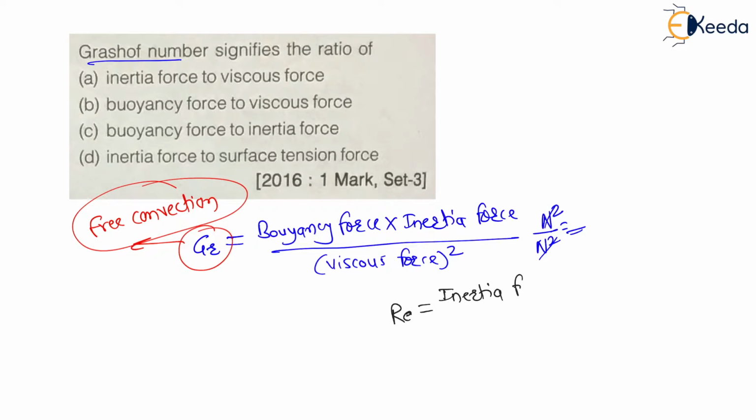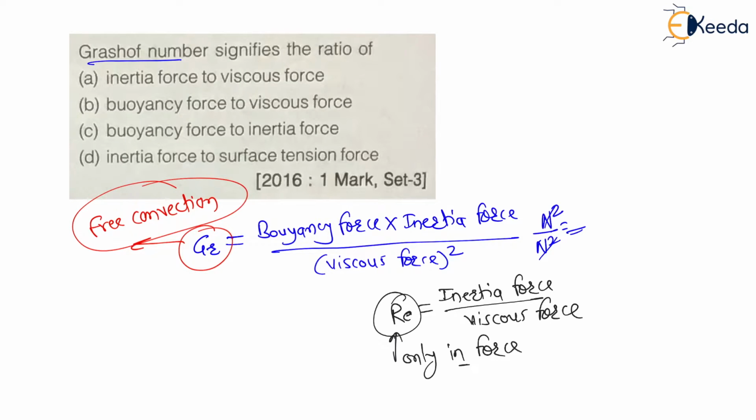This Reynolds number is used only in forced convection, and the Grashof number is only used in free convection.